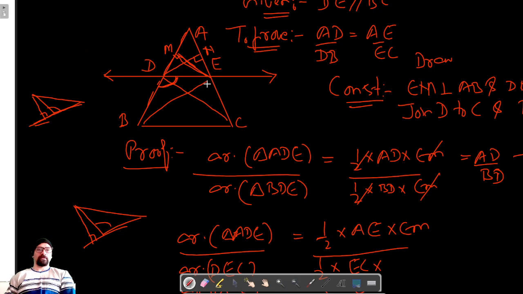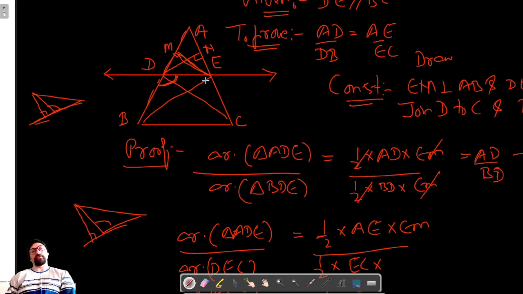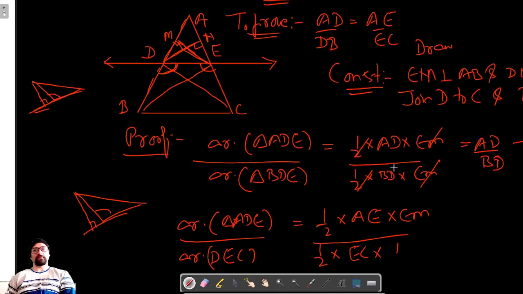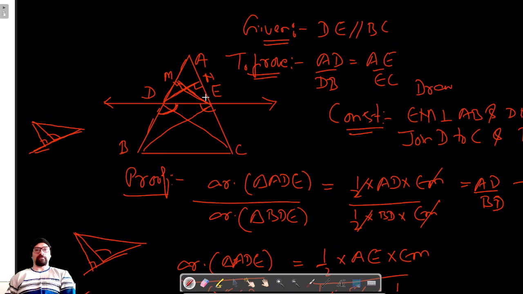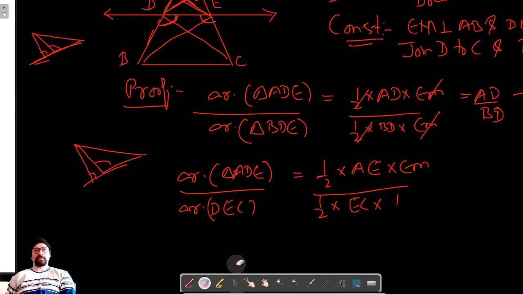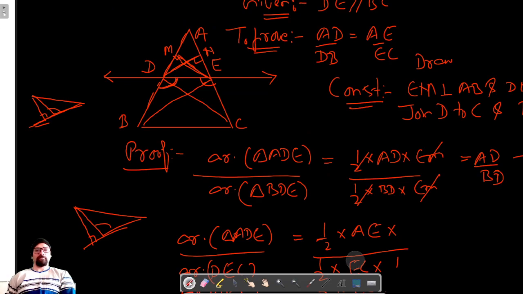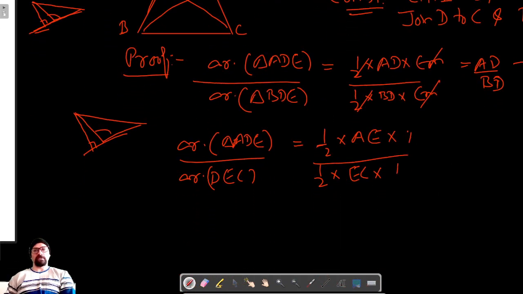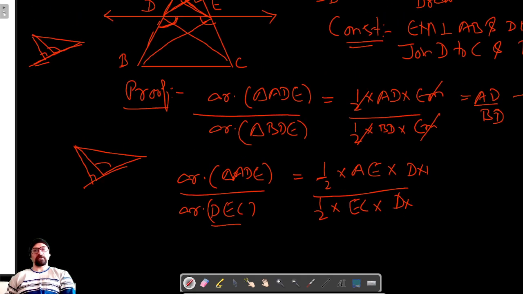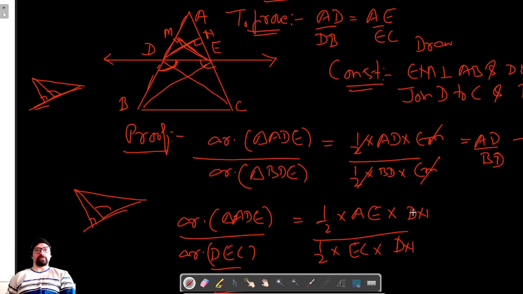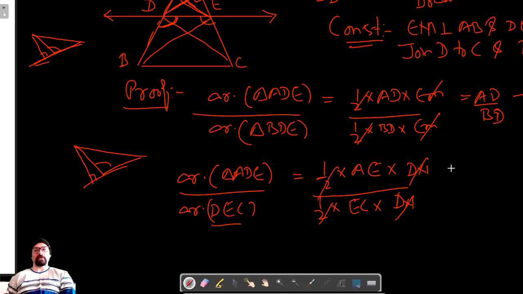The obtuse angle is at E and the height is DN. So half into EC into DN. So DN and half get cancelled. So this is equal to AE by EC. This is our second equation.